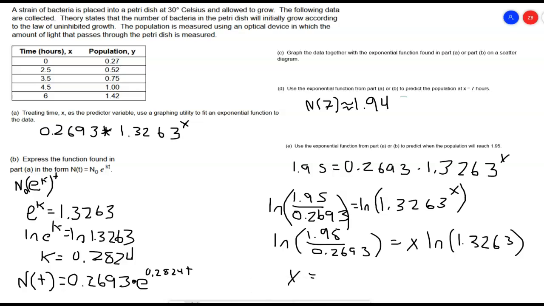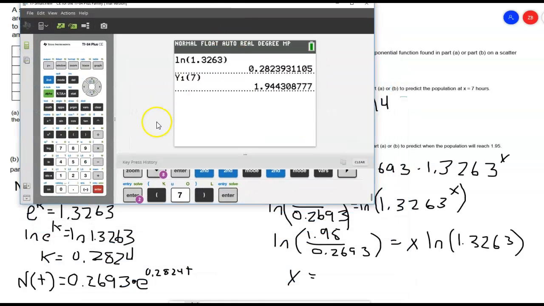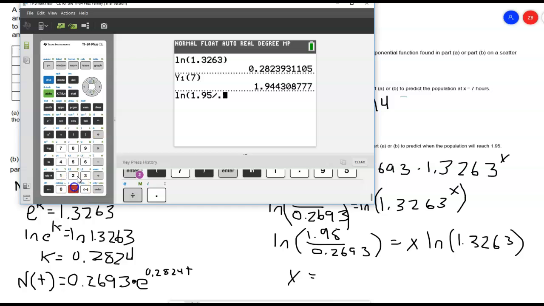And x is equal to, I'm going to do this part in my calculator and round to 2 decimal places, trying to stay consistent with my MyMathLab here. So this is going to end up being the natural log of 1.95 divided by 0.2693, and this whole natural log is going to be divided by the natural log of 1.3263, because we're dividing both sides by this.